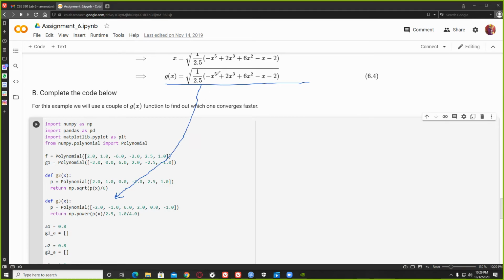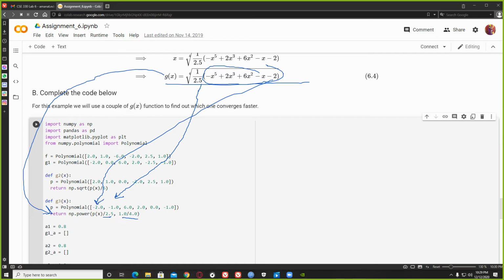So we give the coefficients first. So 2 is here, x is multiplied by -1, x squared is multiplied by 6, and the entire thing is divided by 2.5, and then to the power 1 by 4. So we get g of x and make it into a numpy polynomial.